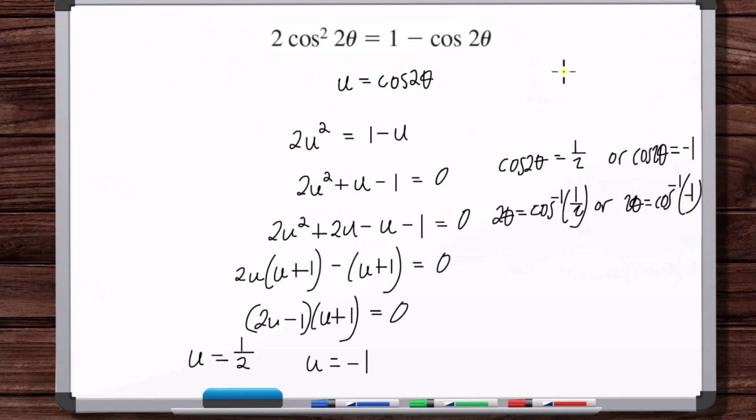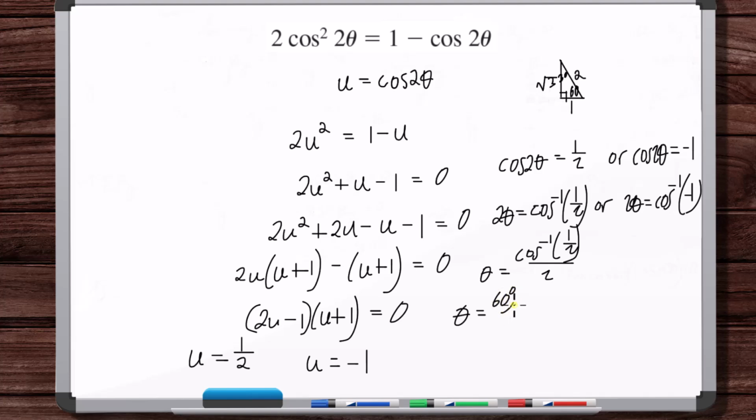So, okay, with the 1/2, we've got a 30, 60, so 1, root 3, 2. So, okay, theta is equal to, cosine of 60 is 1/2, so 60 degrees.